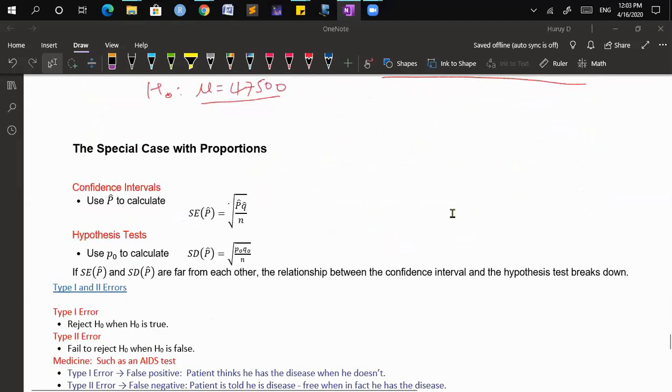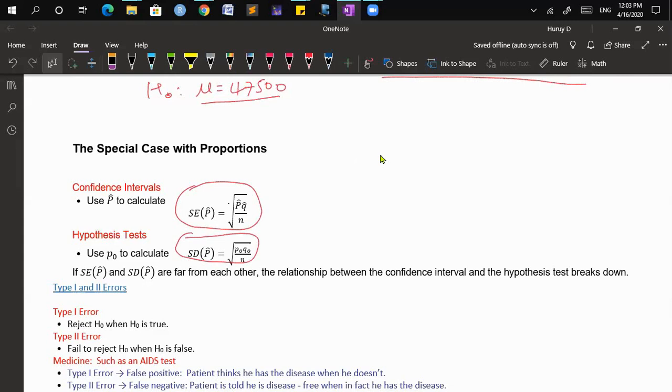And one more thing, when you deal with proportions, we have these two cases. For intervals, we use the standard error because we don't have a hypothesized value. But for a hypothesis test, we use the standard deviation. The reason is that we have a hypothesized value here.